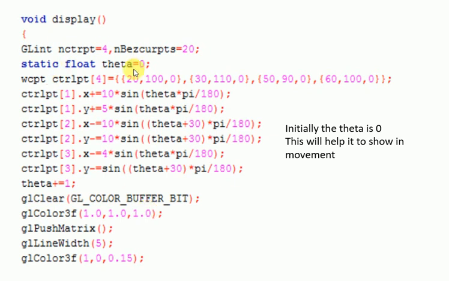And now here this is theta, and theta is initially 0. That means it is drawn once, then incremented by 1 degree and repeated, calling the same function. This function is to draw a single line of width. A line of width is drawn.